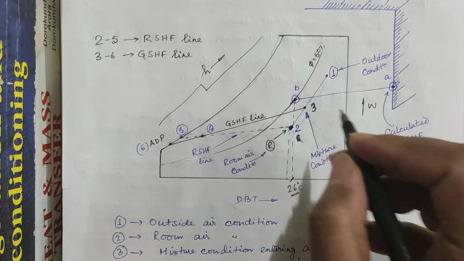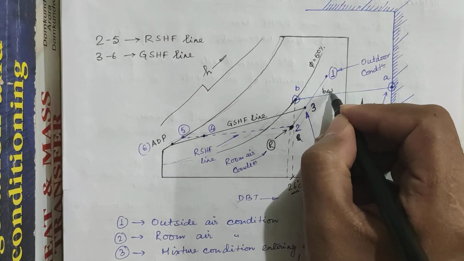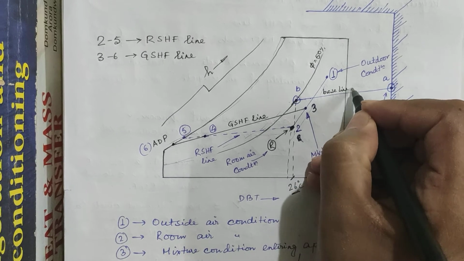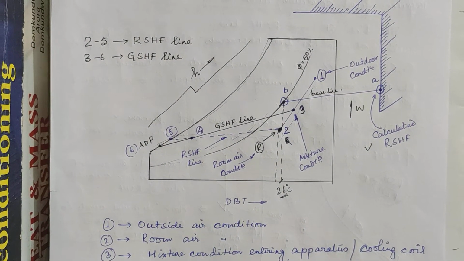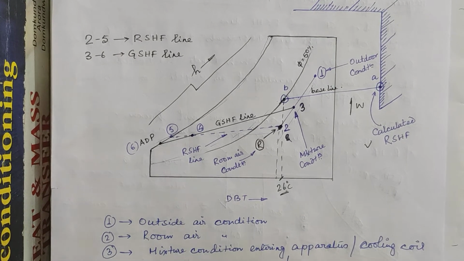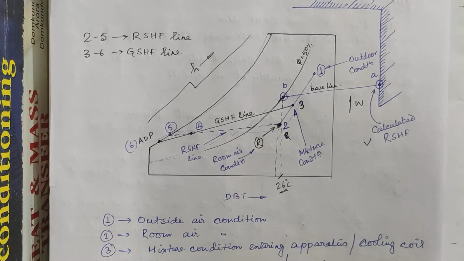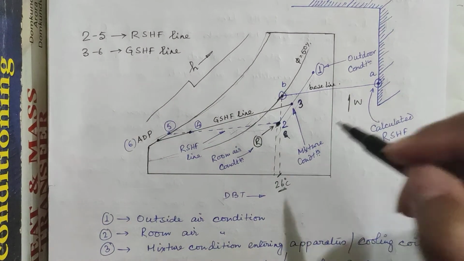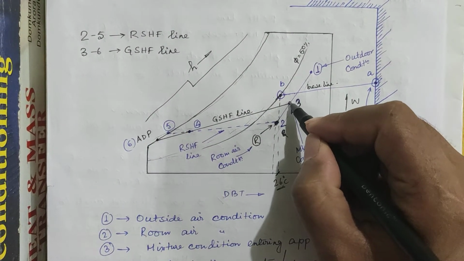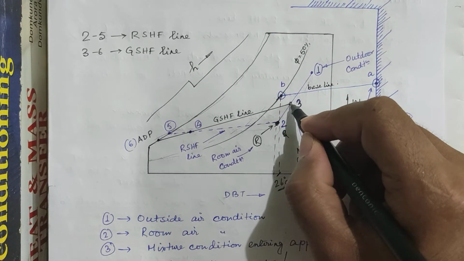Draw the baseline. So AB, first draw this AB line, that is baseline. Next thing is, we know the calculated value of GSHF. We also know what is the mixture condition. So as per the mixture condition, locate the corresponding point on the psychrometric chart.